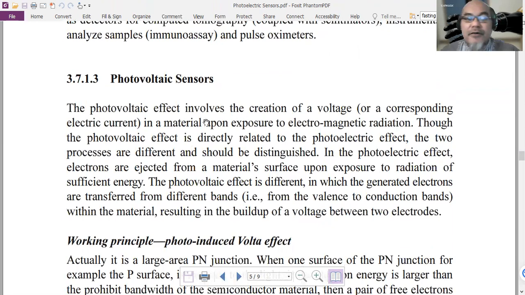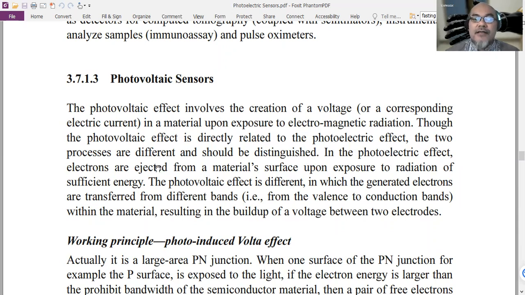Okay, the next type of photoelectric sensor is the photovoltaic sensor. In this case, it will immediately generate voltage. The incoming radiation will generate voltage or electromotive force upon exposure to electromagnetic radiation. In the photoelectric effect, there is a difference between photoelectricity and photovoltaic.